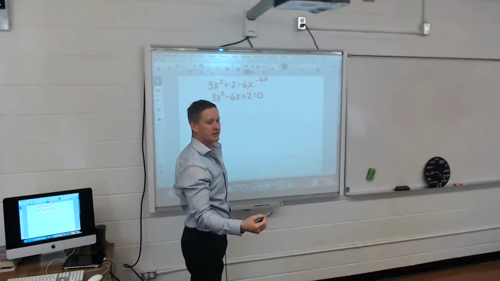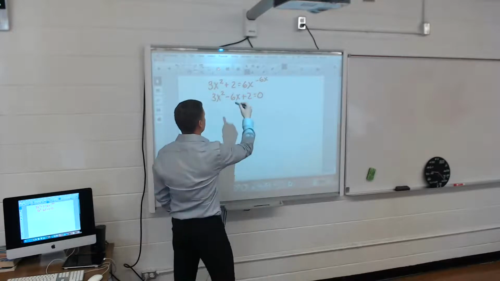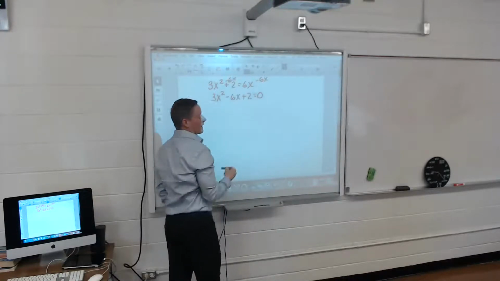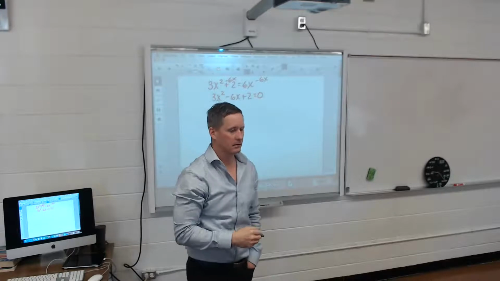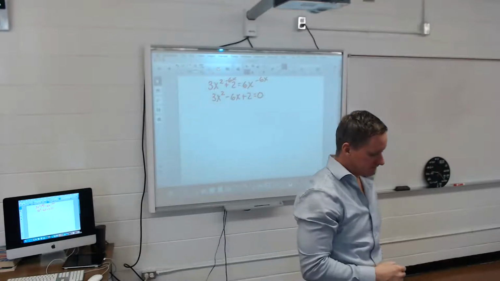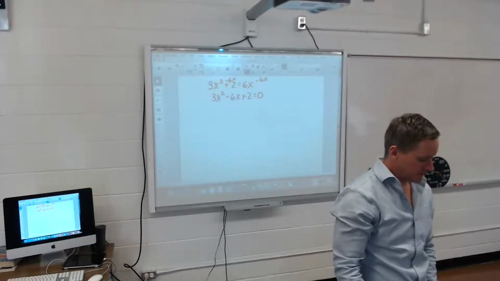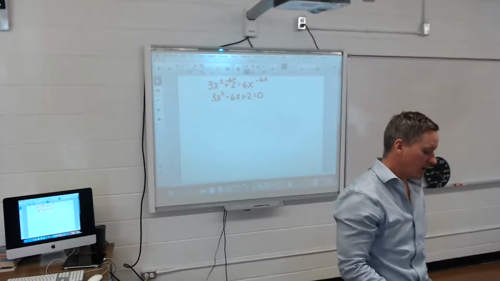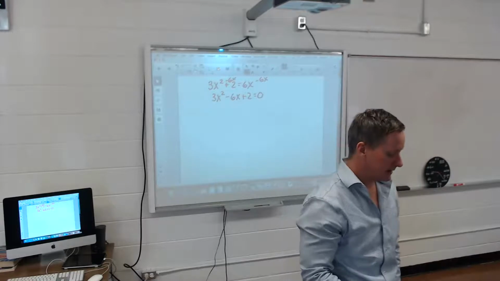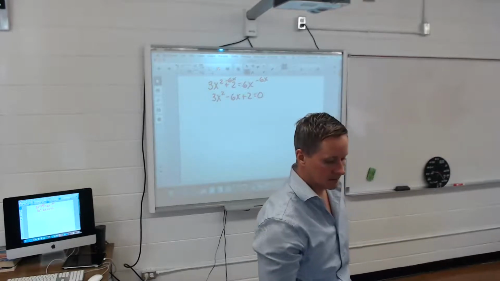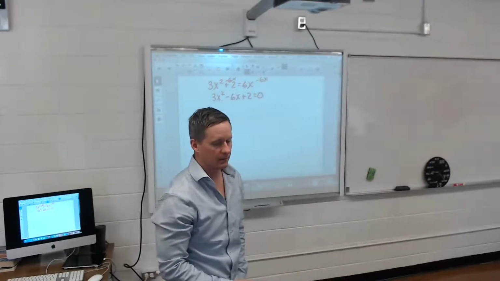So whatever I do to that side to make that side equal 0, I have to do to this side, so I have to subtract 6x over there. That's basically all there is to it. So in the next one, you would subtract 2. The next one, I'd probably subtract 12x and add 2, and then in D, I would subtract 2. That makes sense. Okay?